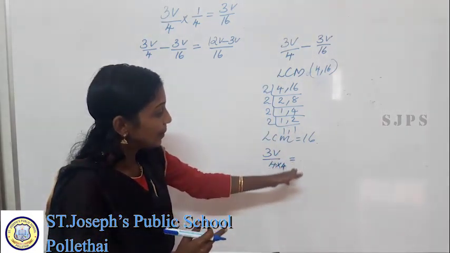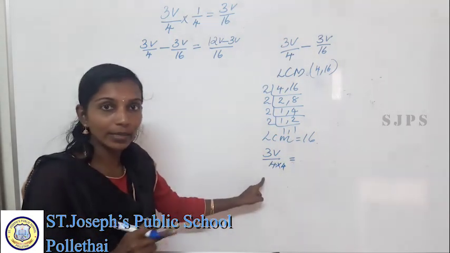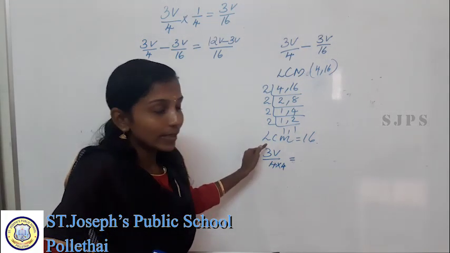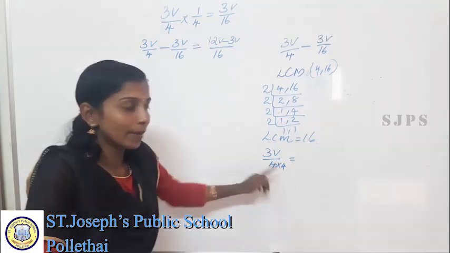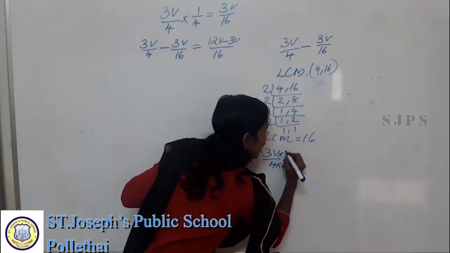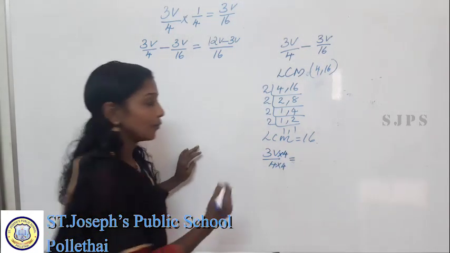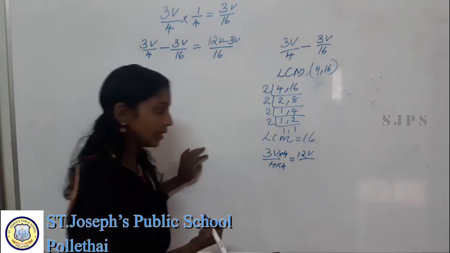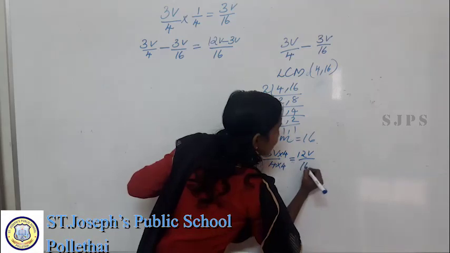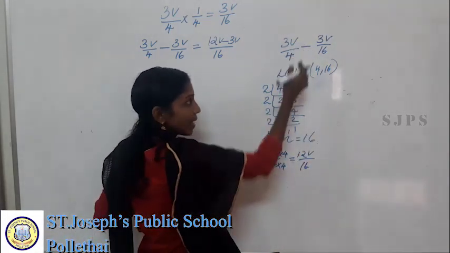So we are multiplying the denominator by a number, so you must multiply the numerator also by the same number. Let's multiply the numerator also by 4. We get 12V divided by 16. Now both have the same denominator.